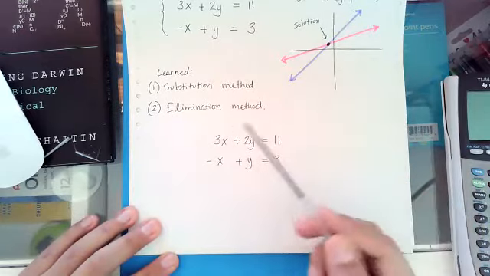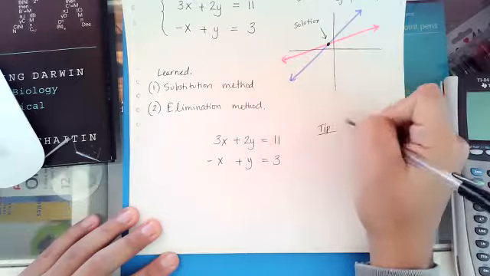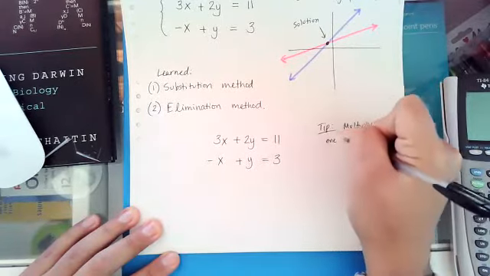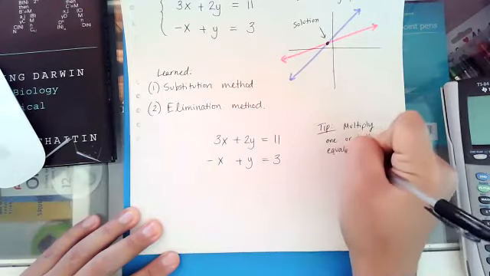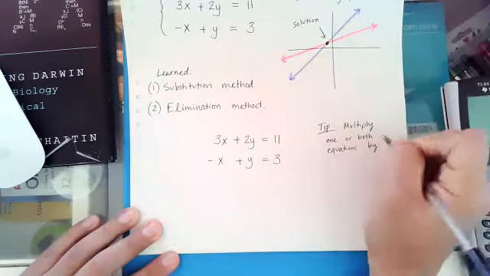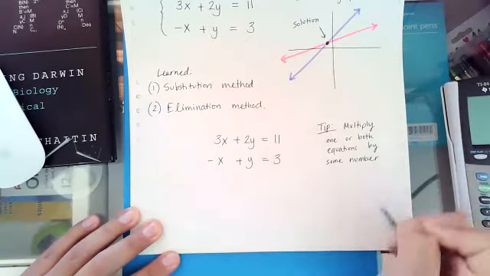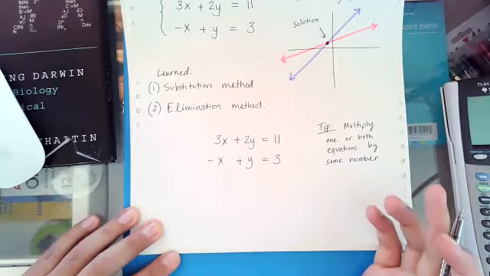Okay, so what I'm trying to do is multiply one or both equations by some number, and that's going to be the tricky part, right? Trying to figure out what number to choose.